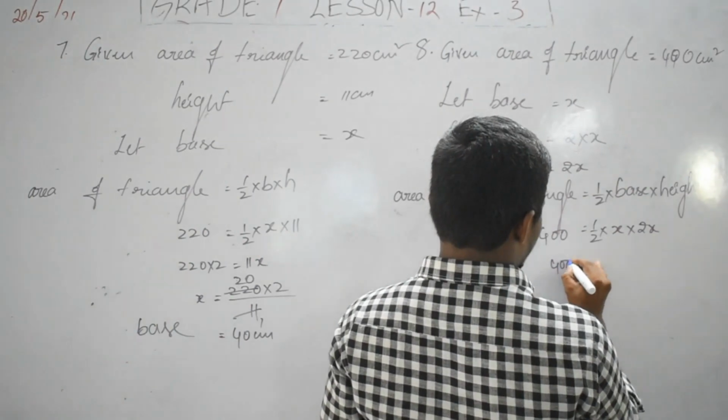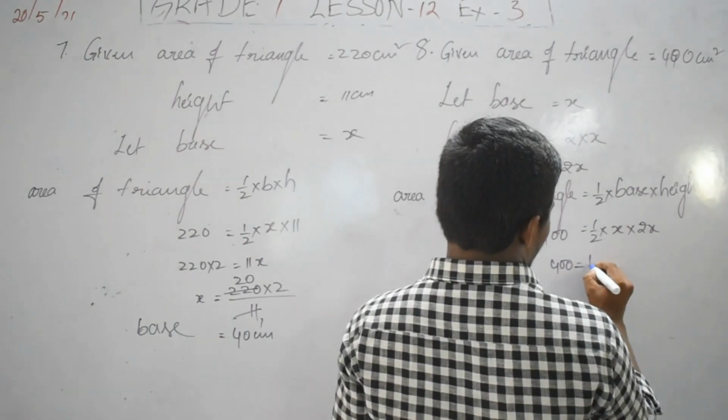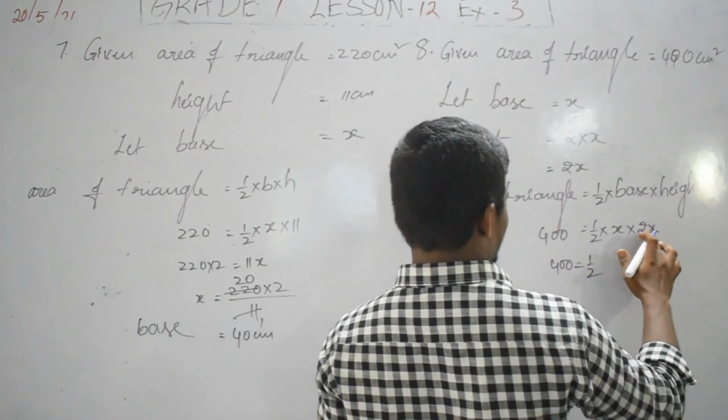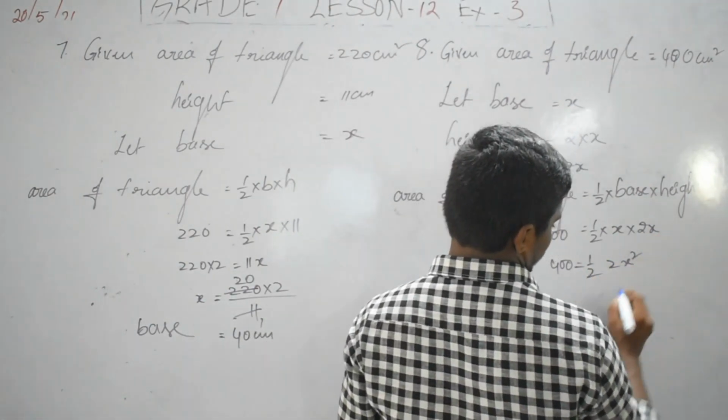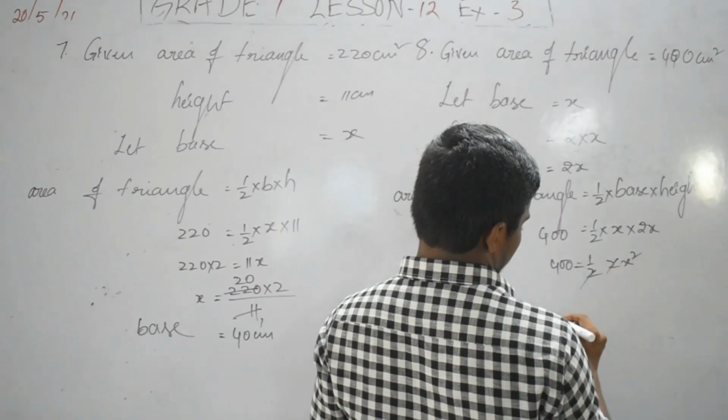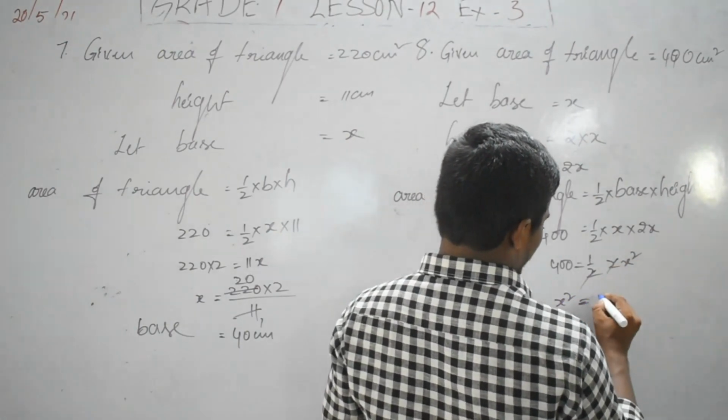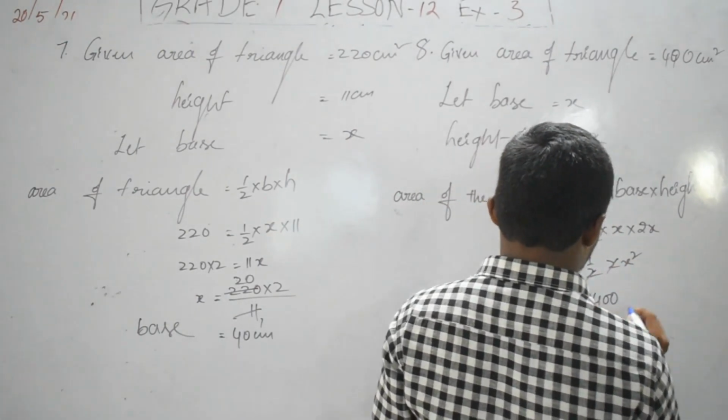So 400 equals 1 by 2 into x into 2x, 2x square.